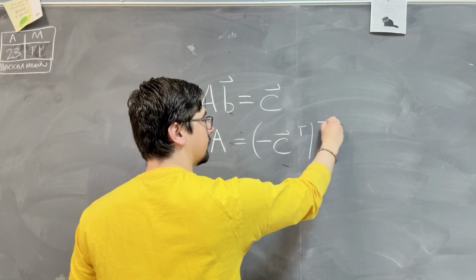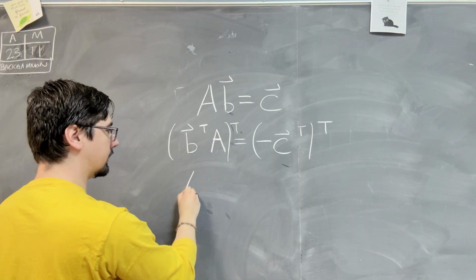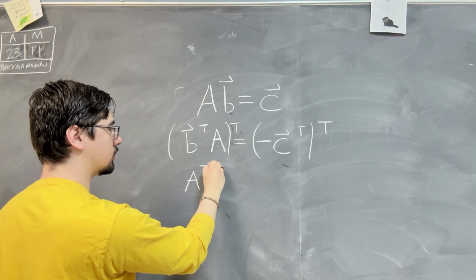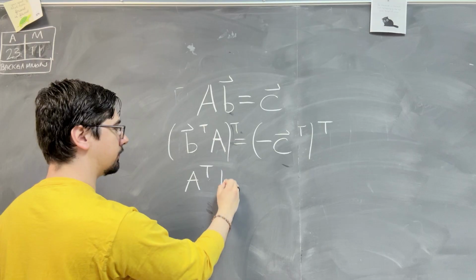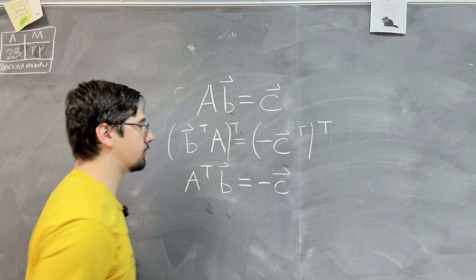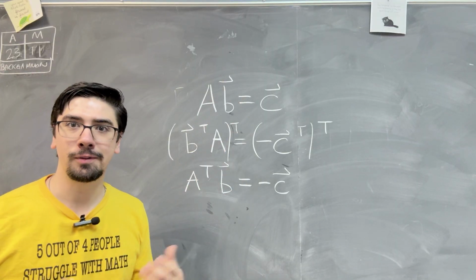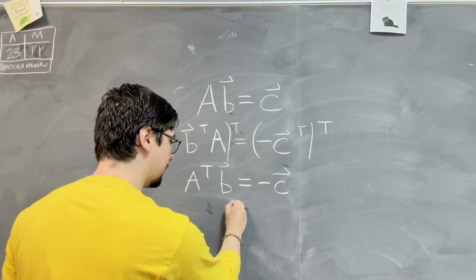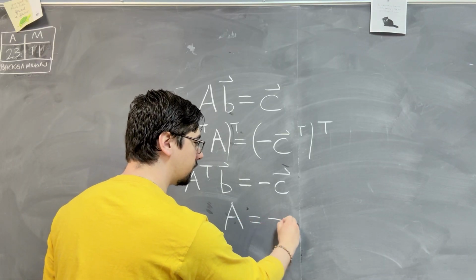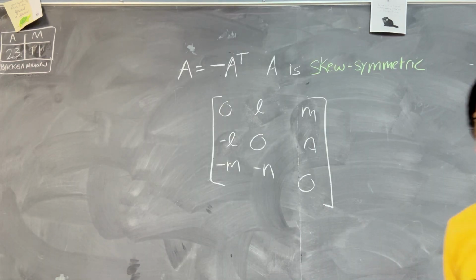So transpose of this, so we get A transpose b is equal to negative c. So in order for these two expressions to line up, what we have to conclude is that the matrix A is equal to the negative of its transpose.